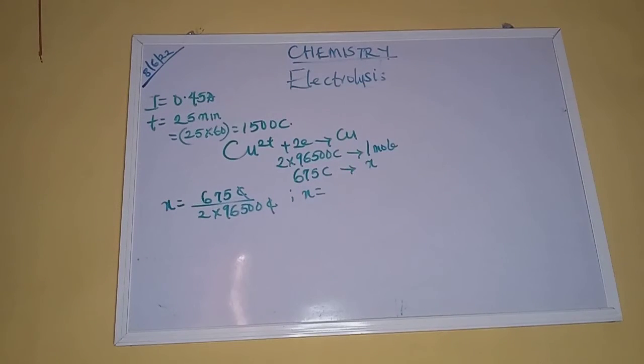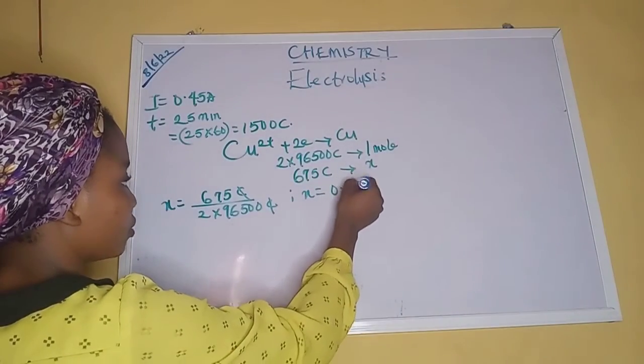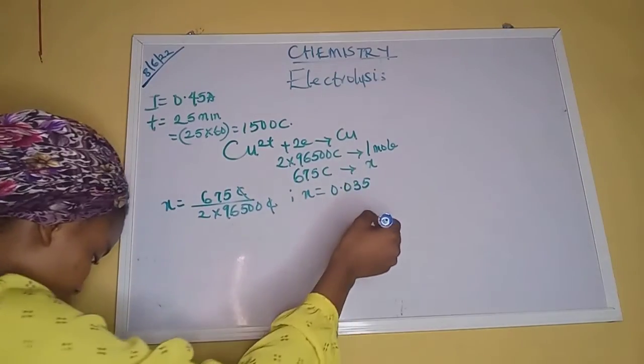Therefore, our X, to get the reacting mass, we need the mole and the molar mass itself. So to get this, we have 0.035 moles.